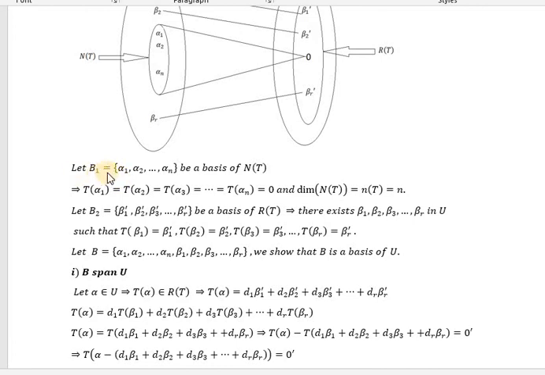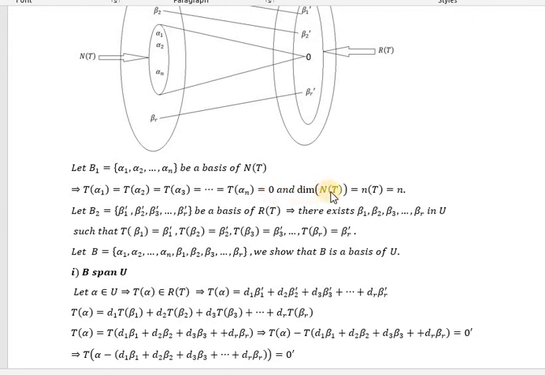Let the basis B1 equal to alpha 1, alpha 2, so on alpha n be the basis of N of T that we have represented here. Since it is a basis of N of T, images of all these elements, that is transformation of alpha 1 is equal to transformation of alpha 2 is equal to transformation of alpha 3, so on transformation of alpha n is equal to 0.